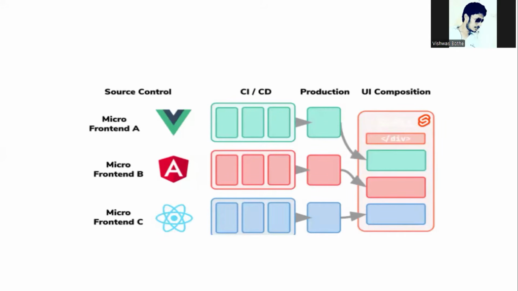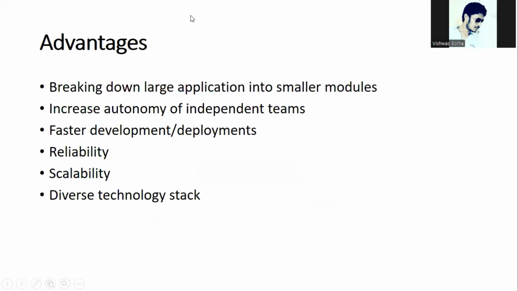Now we will be talking about the advantages micro frontend will provide over the monolith architecture, right? So first, we break down the larger application into smaller modules. We have a separate repository for each application and their separate CI/CD pipeline, so that here we are reducing the dependencies, right?